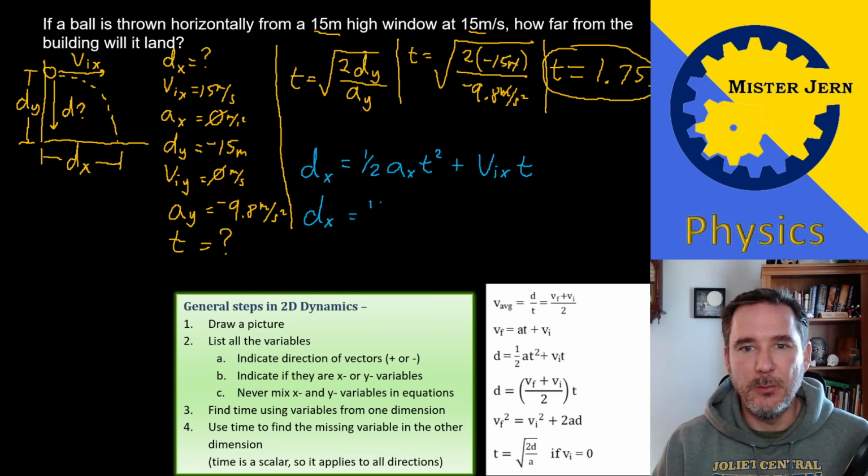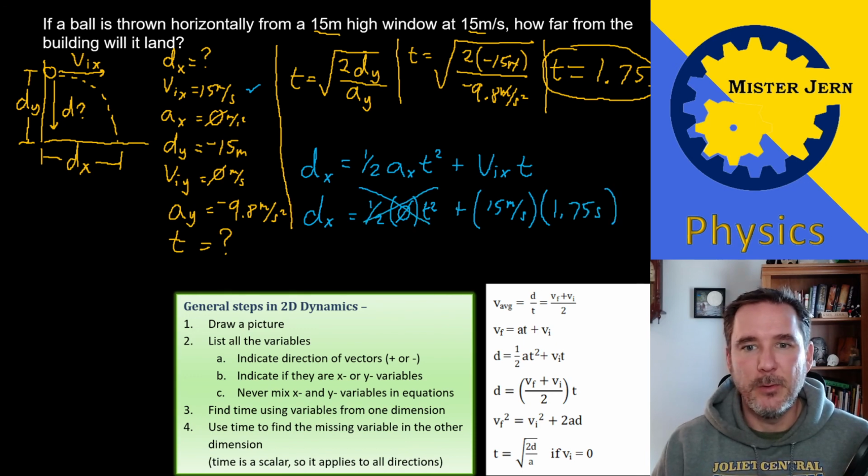dx is equal to 1/2 times 0 times time squared plus, now I look back at my earlier work, vix is 15 meters per second times the time I just calculated, 1.75 seconds. This part goes away because it's multiplying by 0. And when I multiply these together, the seconds are going to cancel out.